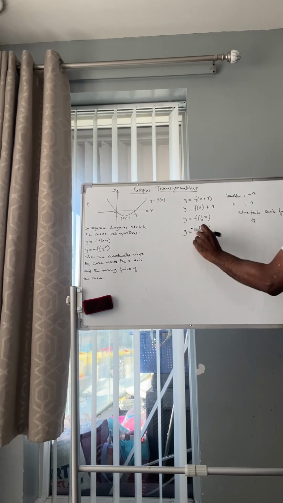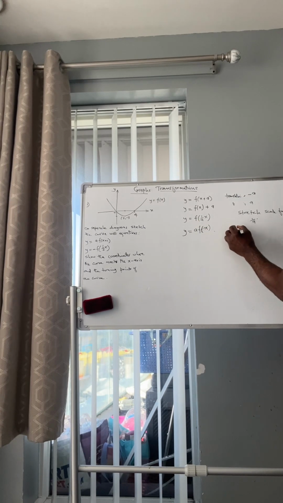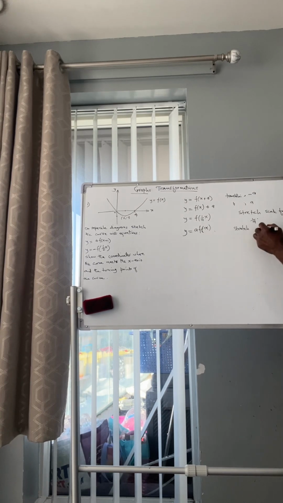This a is in front of the function, so this is a stretch with a scale factor of a on the y-axis. The previous one is on the x-axis.